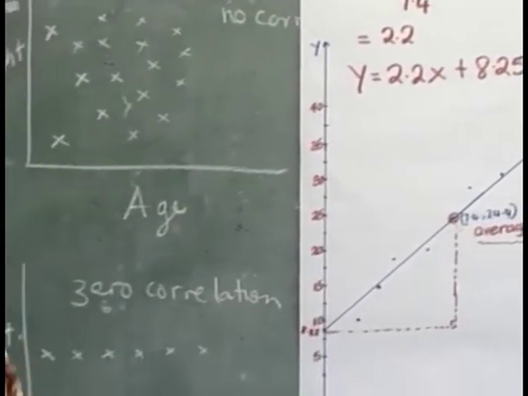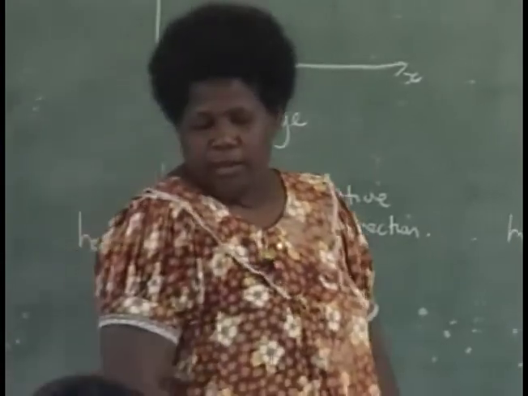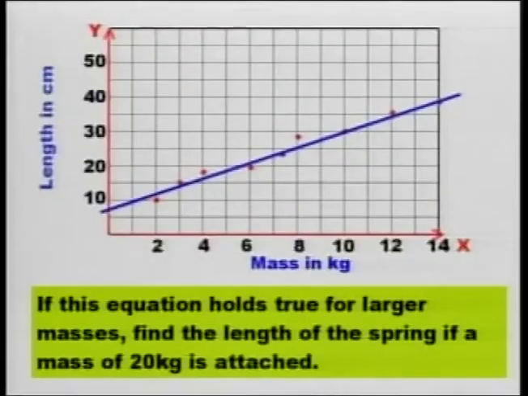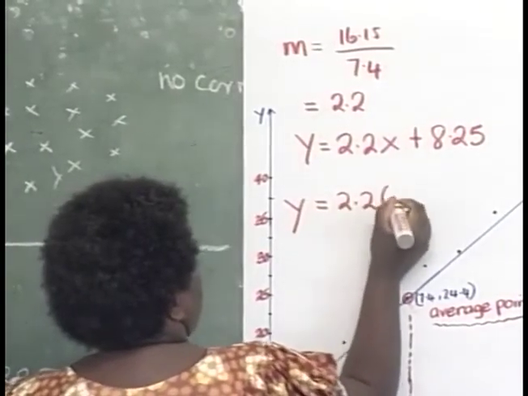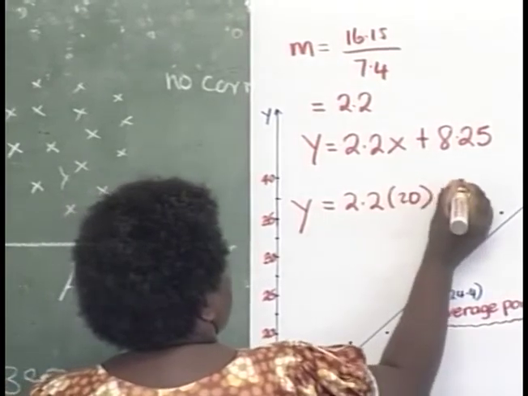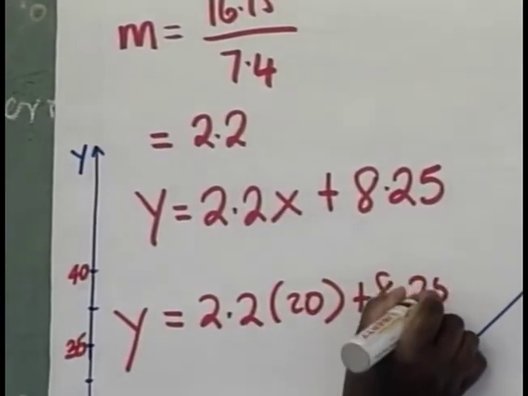All right, next question. If this equation holds true for larger masses, find the length of the spring if a mass of 20 kilograms is attached. All we have to do is substitute 20 for x. So we will get y equals 2.2 times 20 plus 8.25.